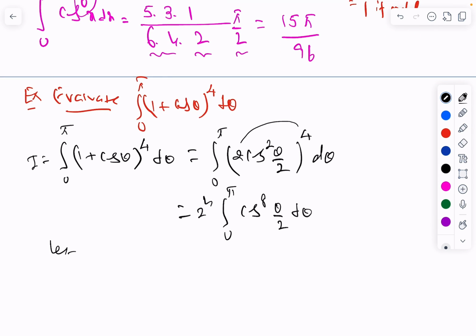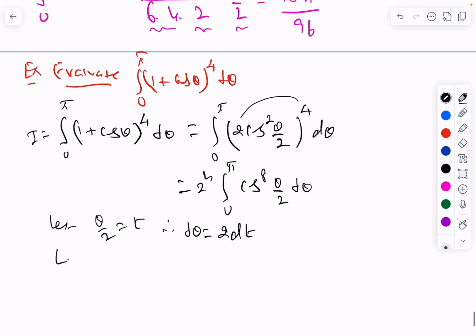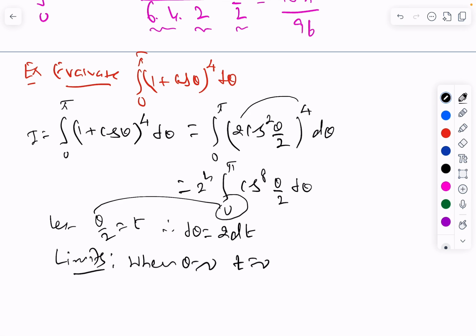Now let theta by 2 equal to t. Therefore d theta is 2 dt. Limits also we need to check. When theta is 0, t is 0. When theta is pi, t equal to pi by 2.